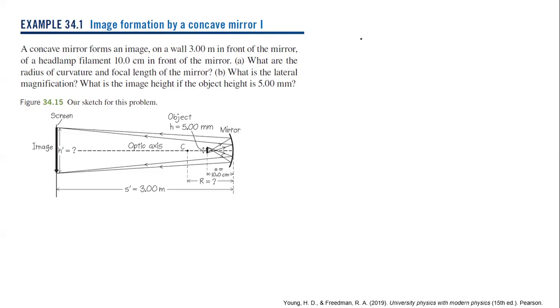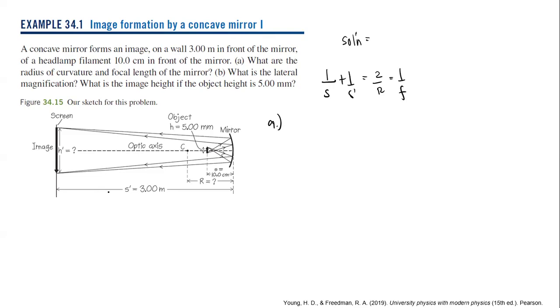Okay, solution. We have the relationship 1 over s plus 1 over s' is equal to 2 over R, which is equal to 1 over f. This is for letter A. What are the radius of curvature and the focal length of the mirror?